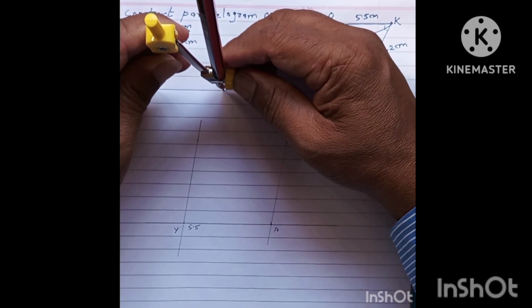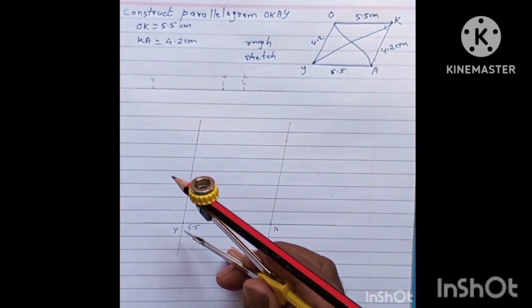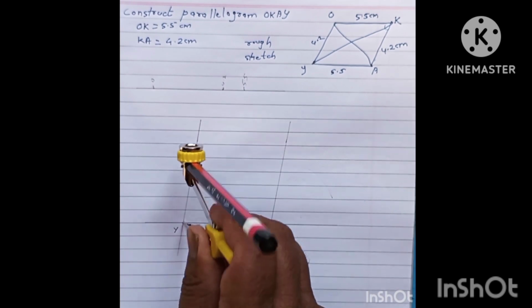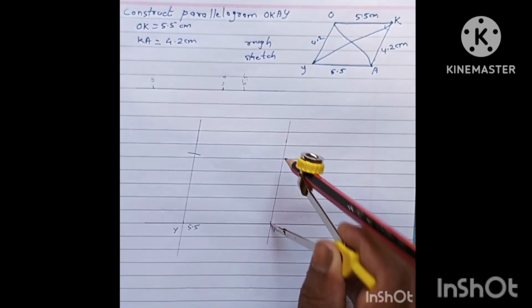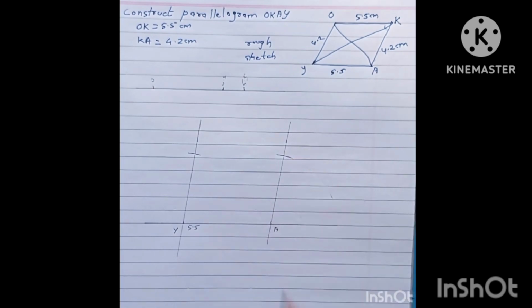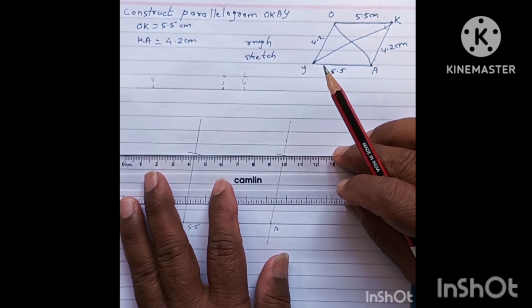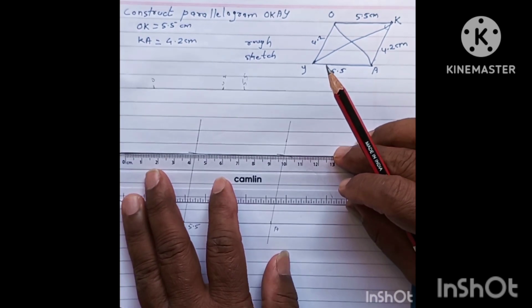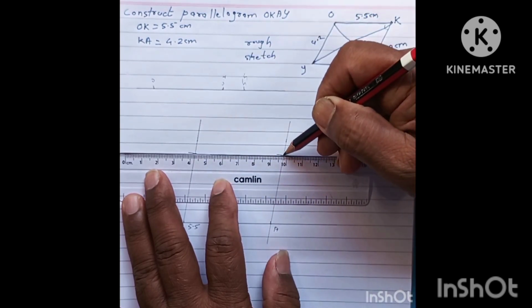So taking 4.2, now from Y, marking or drawing an arc. Yes, these are the two points O and K. We have to join these two points and label both.